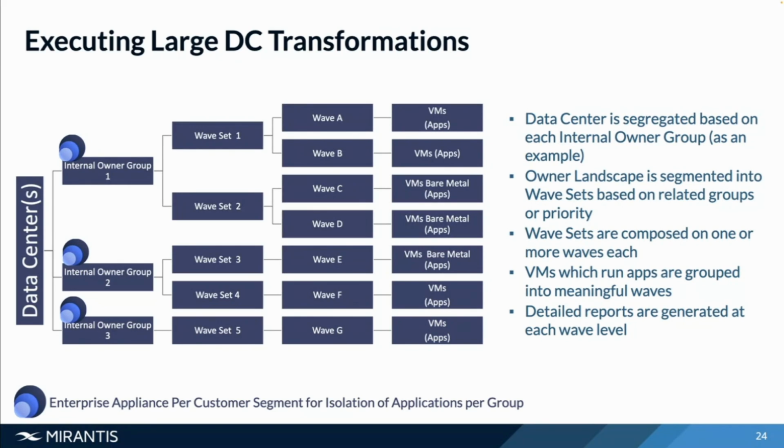So this is how you would logically segment the source applications and source VMs from your current source environment, and put these into logical blocks that we call waves. And within these waves, then you start to migrate your applications, right?